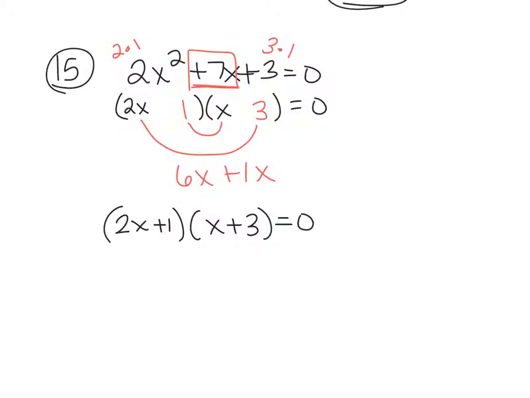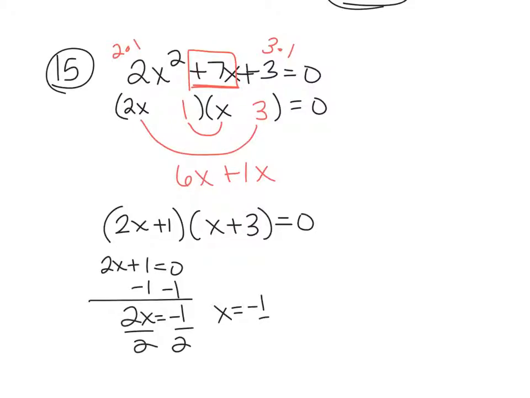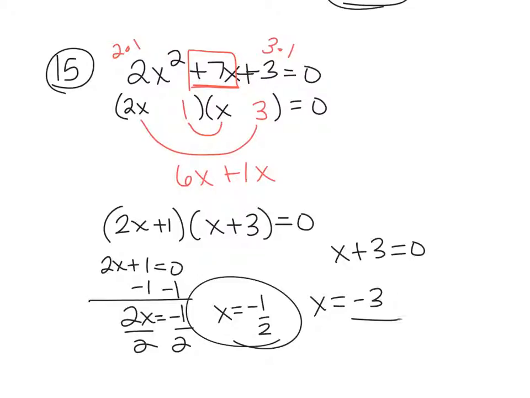So let's solve here. We have 2x plus 1 equals 0. We subtract 1, 2x equals negative 1, divide by 2, x is equal to negative 1/2. And here, x plus 3 equals 0, x is equal to negative 3. So those are your two answers for that problem.